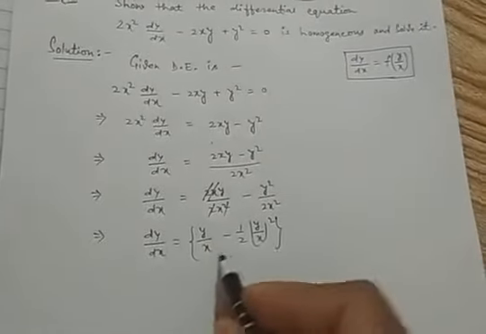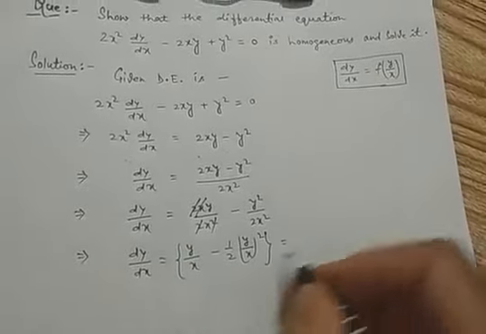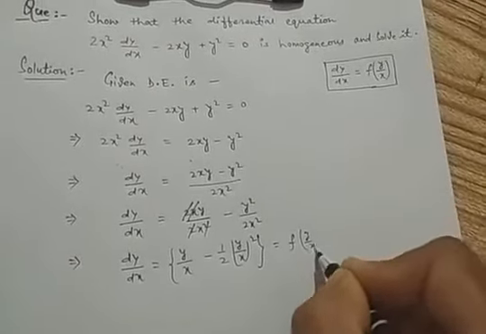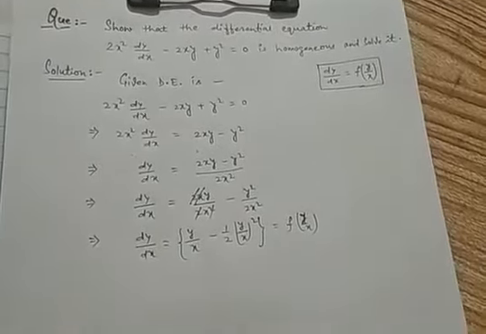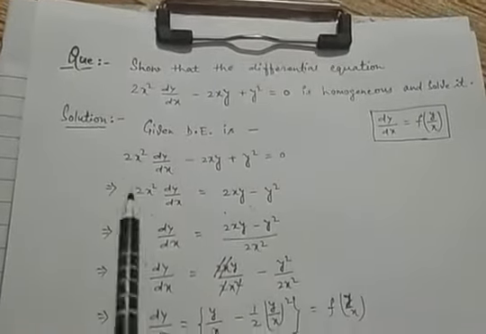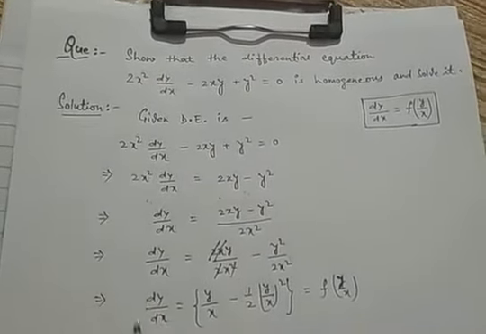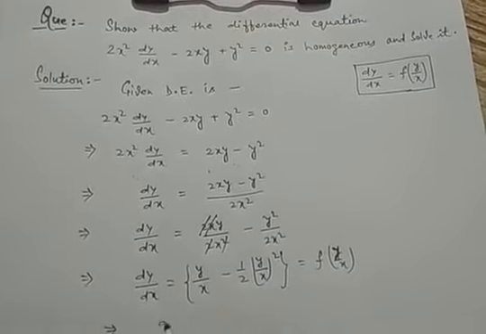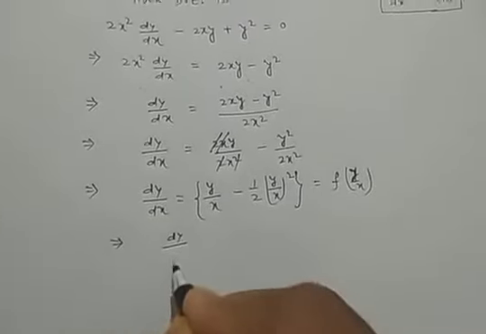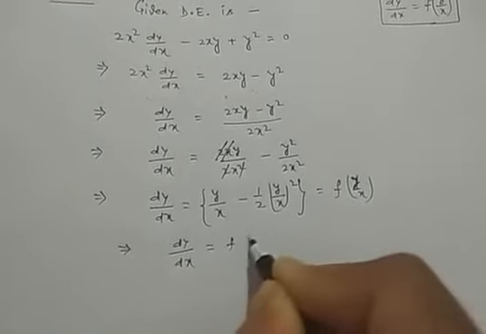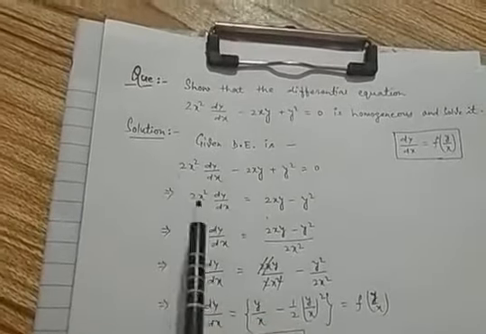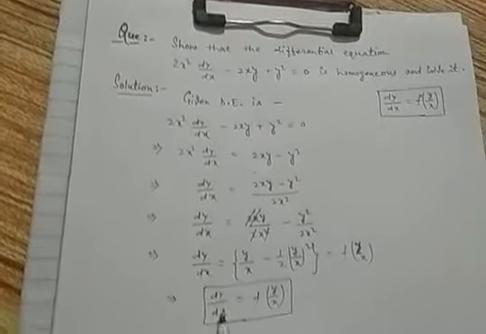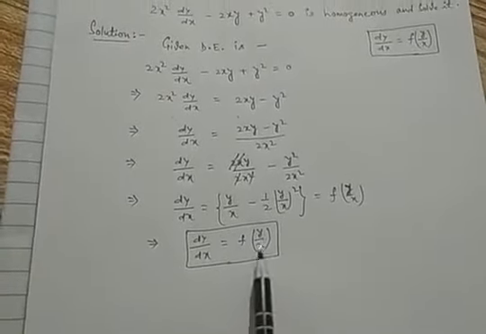This implies here students, we can write it: this is a function of y upon x. So this equation is reduced in the form dy upon dx equal to f of y upon x.